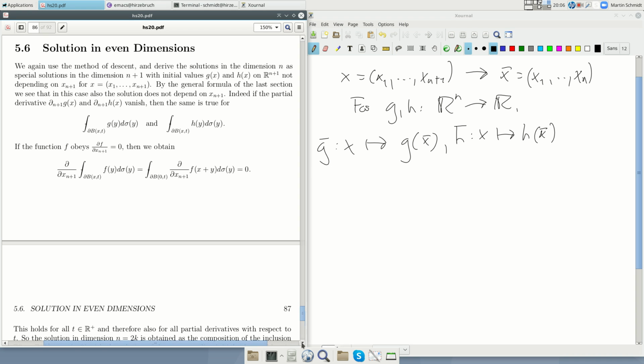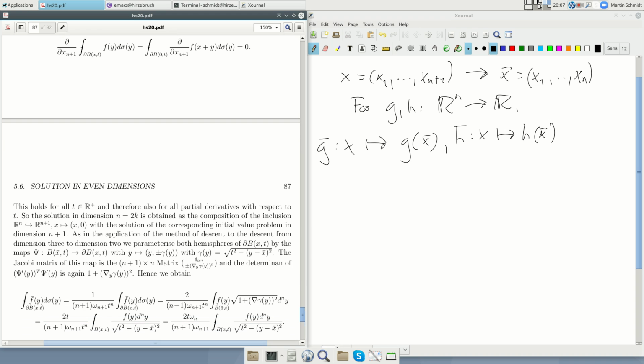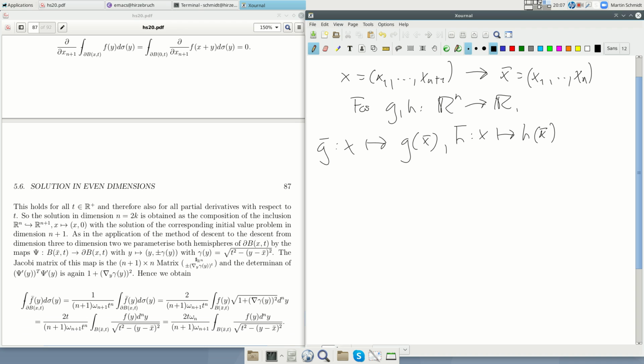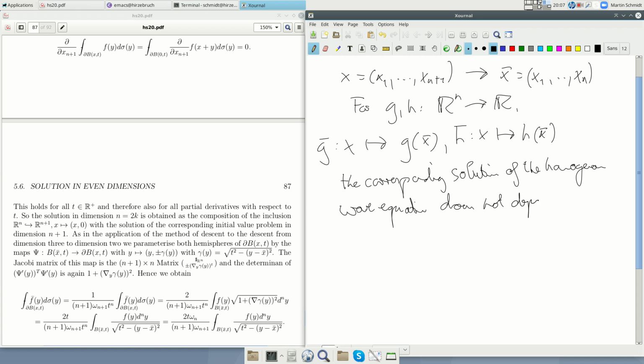So if we take the solutions, using these initial values, and calculate the corresponding solution of the homogeneous wave equation, it also does not depend on x_{n+1}.